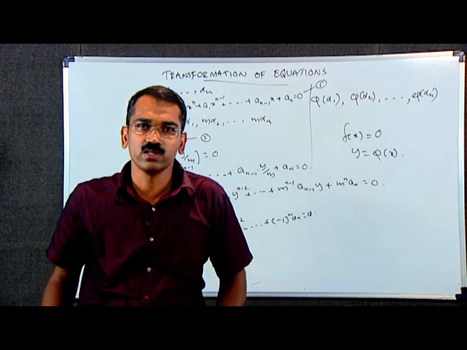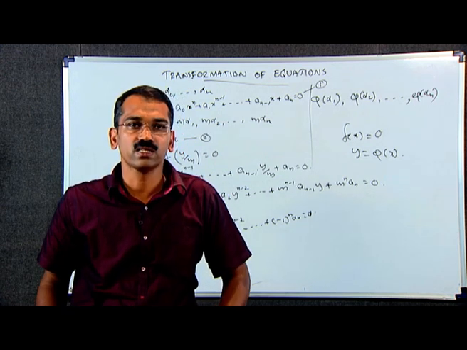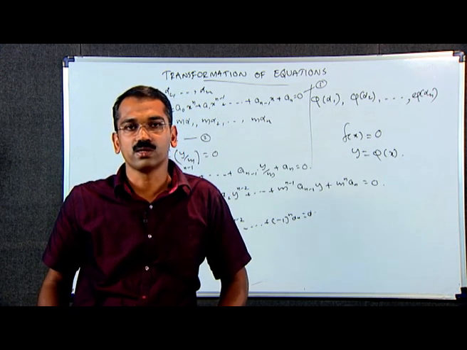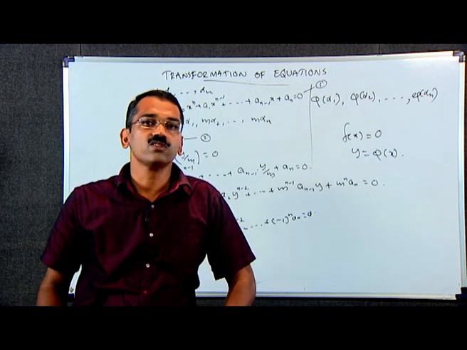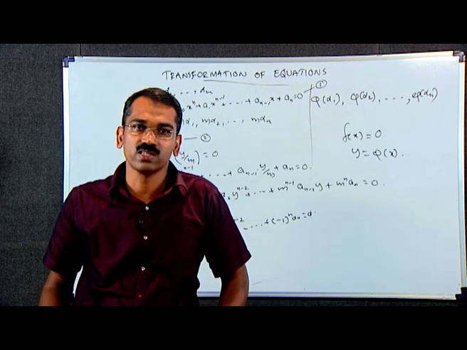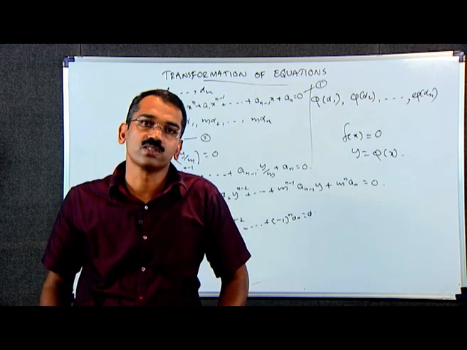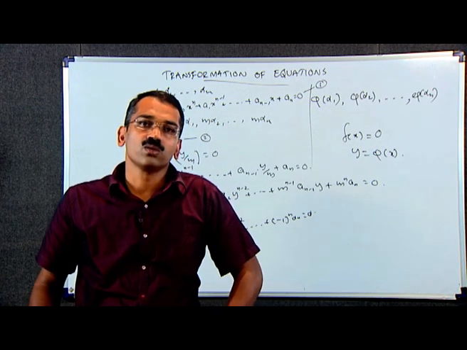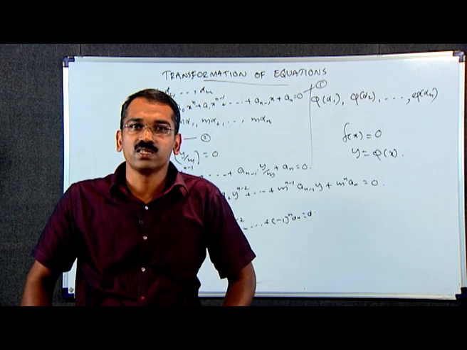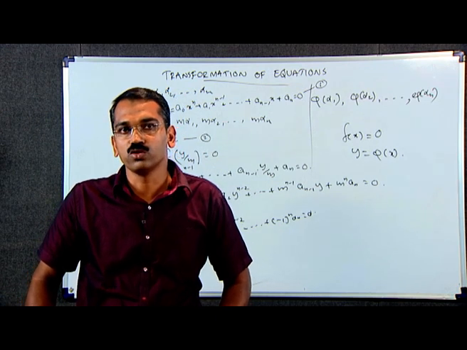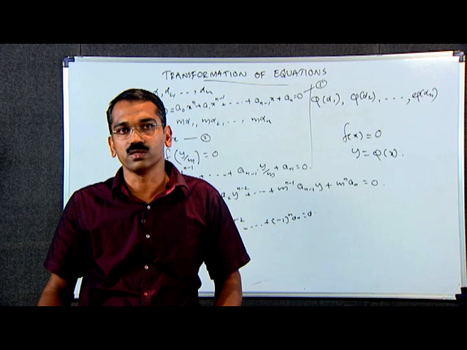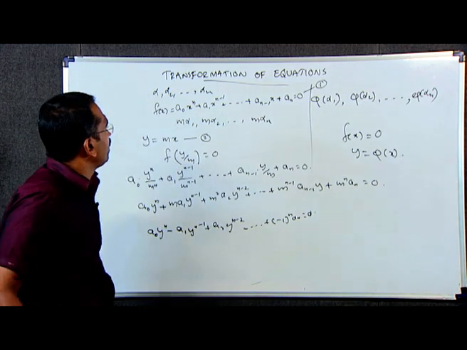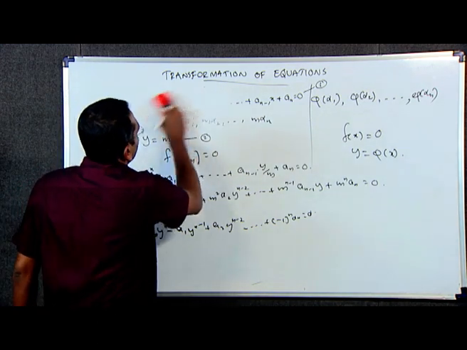Therefore, to get the equation whose roots are minus alpha 1, minus alpha 2, etc., minus alpha n, the signs of the second, fourth, sixth, etc. coefficients are changed. When this rule is applied, the missing term, if any, should be assumed to have 0 coefficients. This is the first transformation.